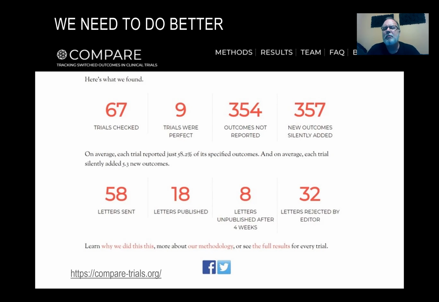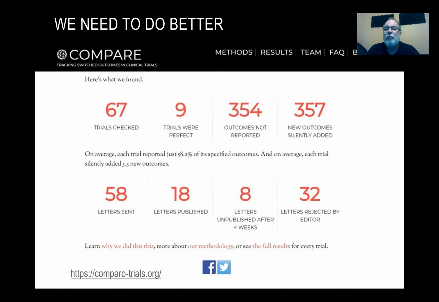They monitor four of the major journals, I think Lancet, BMJ, New England Journal, and JAMA. They look at a paper, they go online and they look at the SAP and they ask, how well does it match up? And as you can see, so far they've checked 67 trials. Only 9 had reports that matched their SAP.